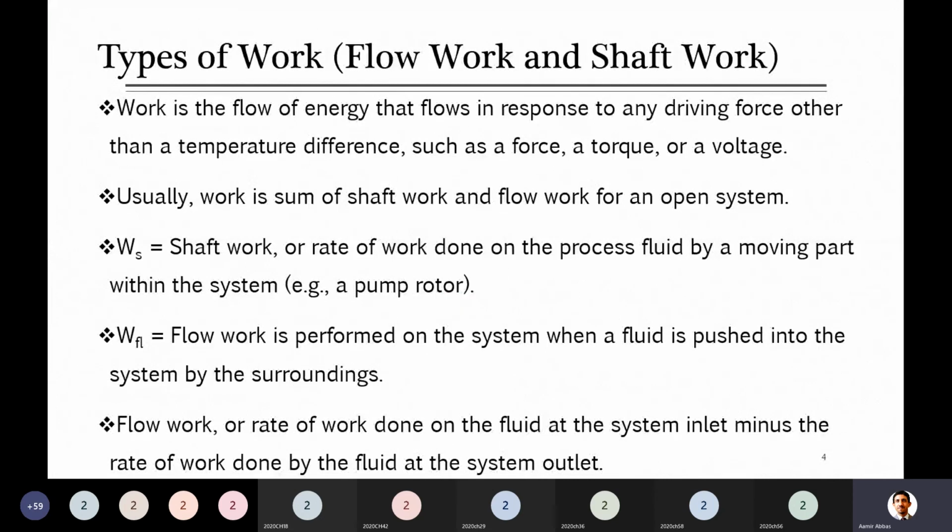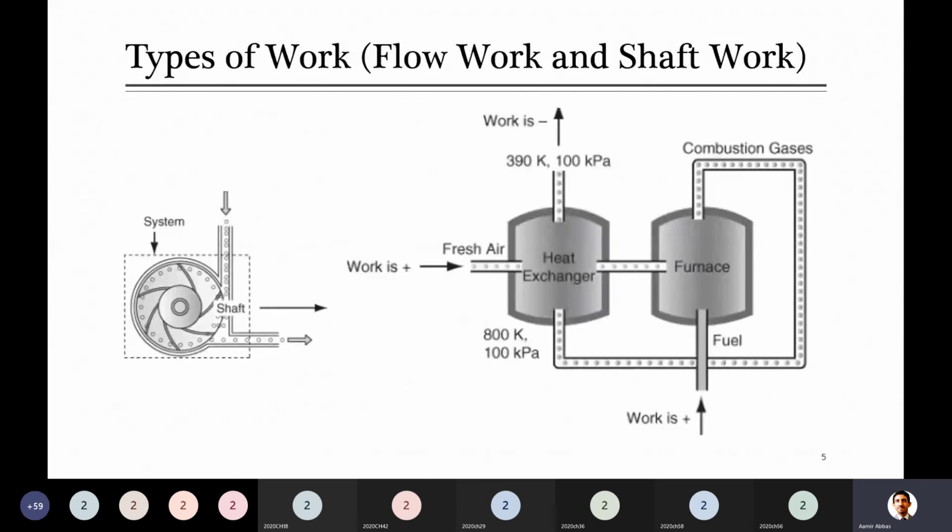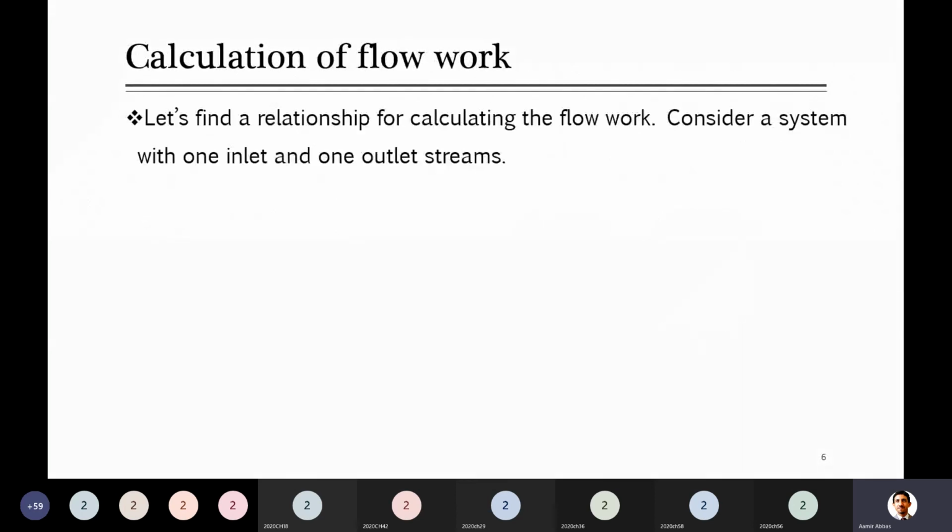And shaft work is usually given, like we have the information that there is a motor working with this much amount of work. But flow work, most of the time we have to calculate. So how do we calculate it? Let's consider one stream.